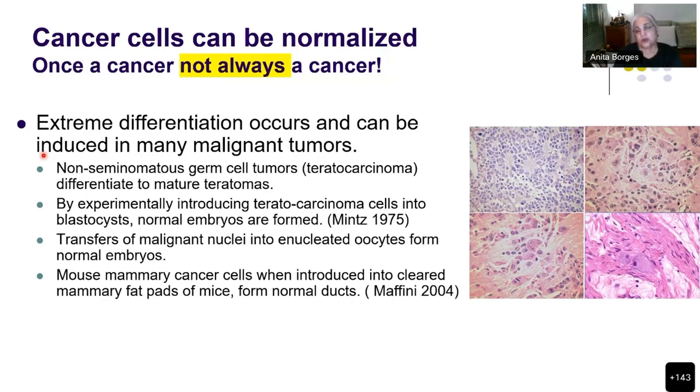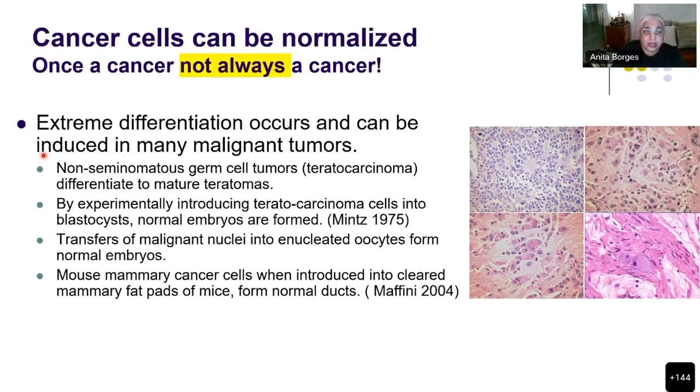You get normal embryos. Now that's interesting, isn't it? You didn't give any chemotherapy, you didn't do anything like you see in humans. You just took teratocarcinoma cells, which were going to kill one mouse, and put them in another mouse's blastocyst, and it became a normal embryo. And this has been known for years. This experiment was done in 1975, okay?